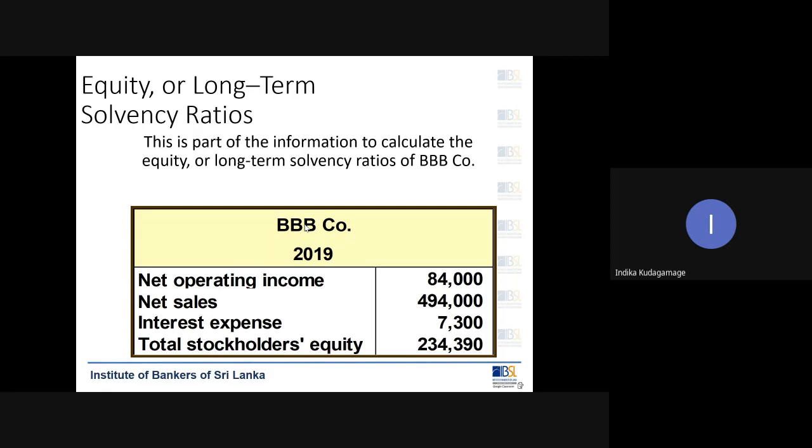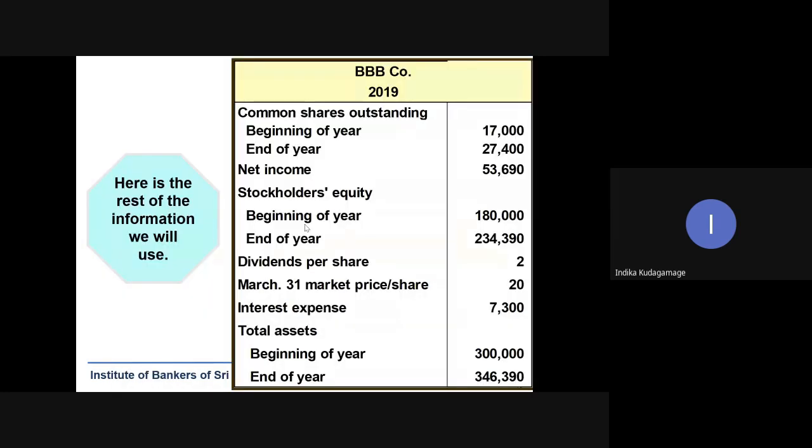Net operating income, net sales is the turnover, net operating income is the profit, interest expenses, total stockholders' equity, that is the equity. The number of common shares, we need that, net income, that is the profit, 53,000. This is the equity part. Dividend per share, market price, interest expenses, total assets beginning and end.